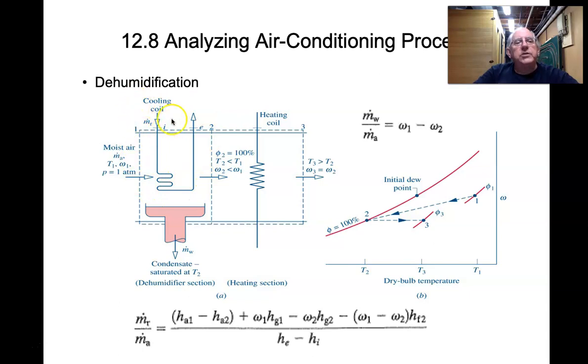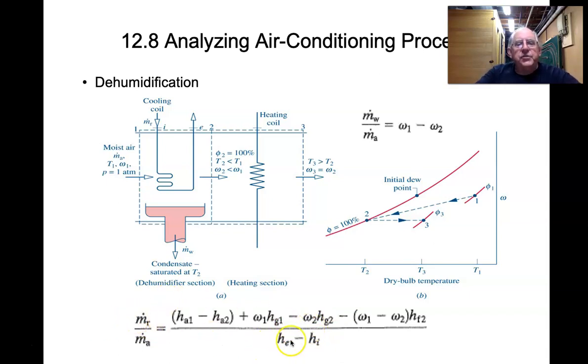And so the mass flow rate of the refrigerant is coming in at I and leaving at E, and they have enthalpy values associated with them. So the refrigerant is going through, let's say, the evaporation process, and so this m dot r times this enthalpy rise is that heat transfer.